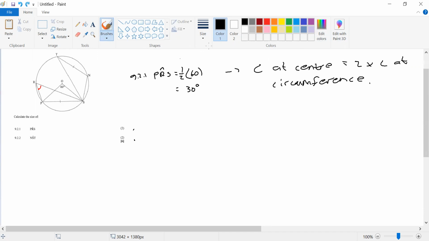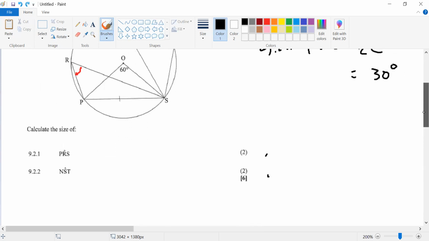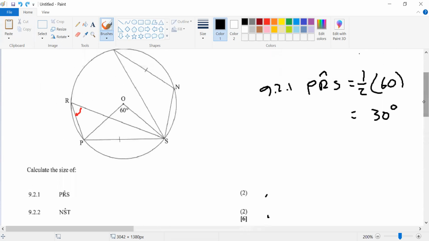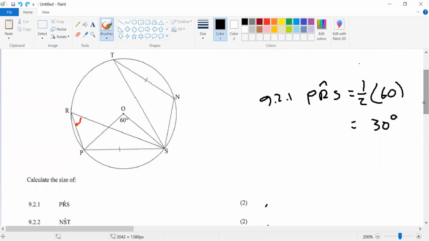Then for 9.2.2, we can see that they're asking us to find angle NST. If we take a look at where that can be found, angle NST is this angle right there. Again, we need to have the whole concept of angle at center at the back of our heads.